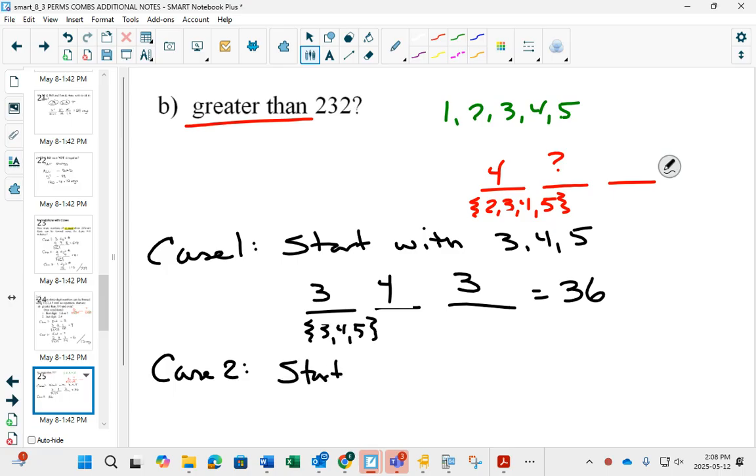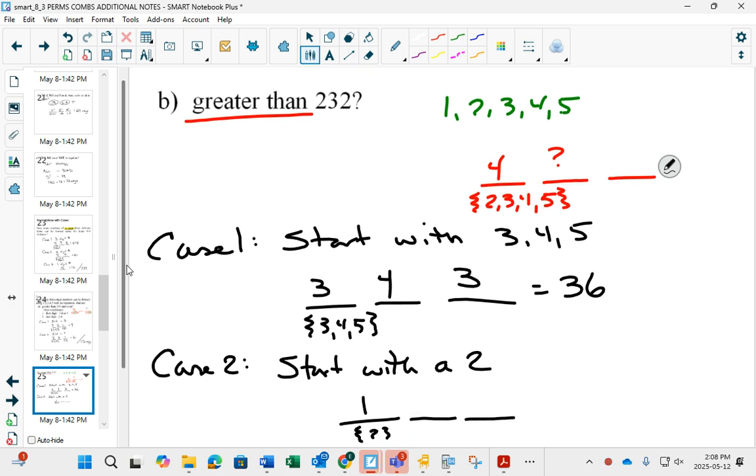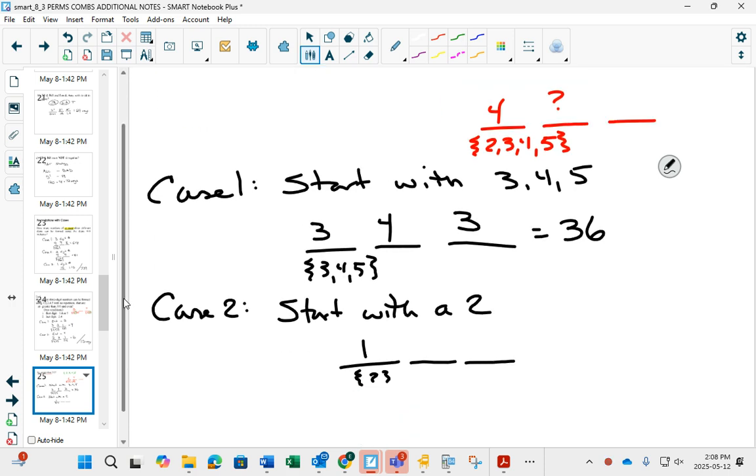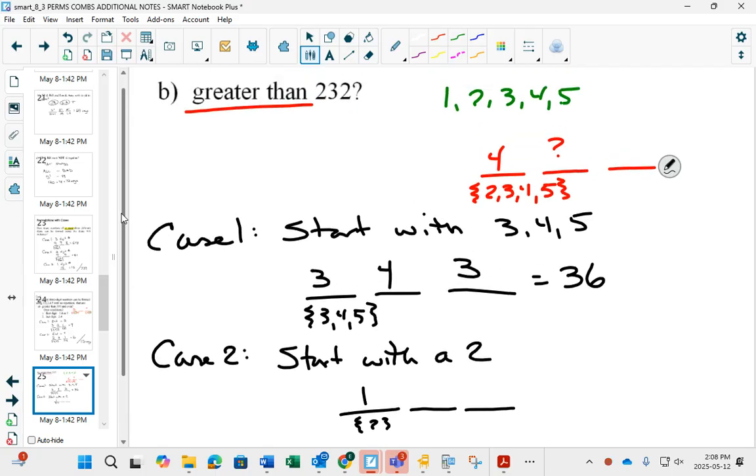Next, case 2. What haven't I counted? I'm going to start with a 2. 1 choice. Then I'm not done here. Now I look at my second digit, and I'm like, ooh, the 3 is going to cause a problem here. So what would guarantee that it's bigger?